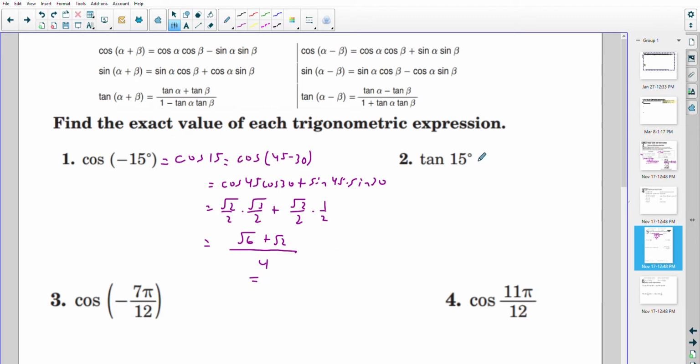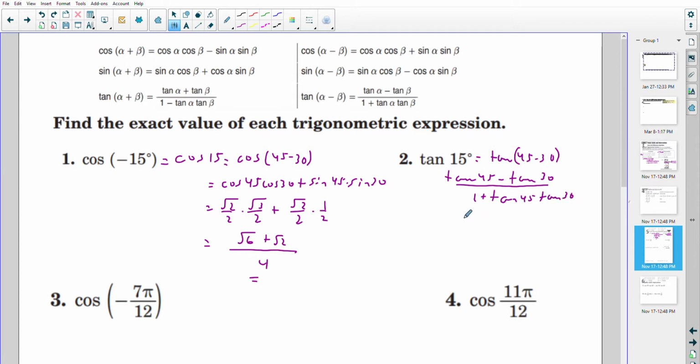Tangent 15 can also be written as the tangent of 45 minus 30. And this is going to be using this identity. So tangent 45 minus tangent 30 all over 1 minus, oops, that would be a plus, tangent 45, tangent 30.